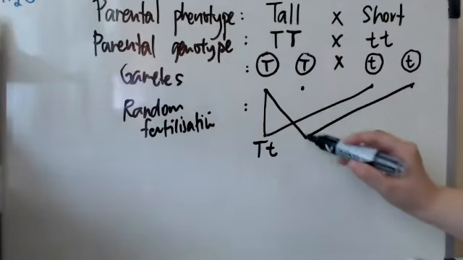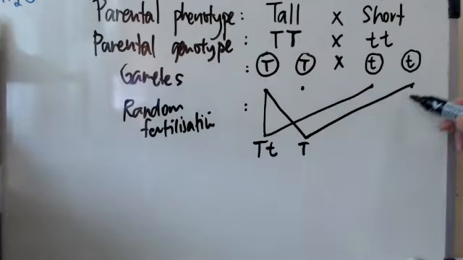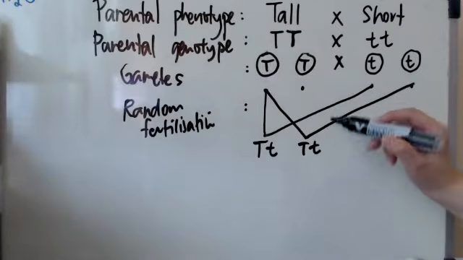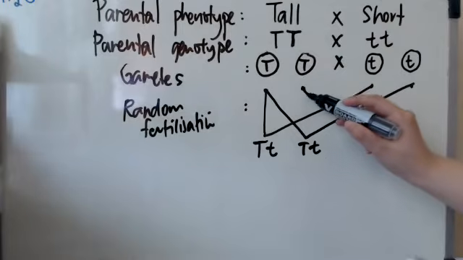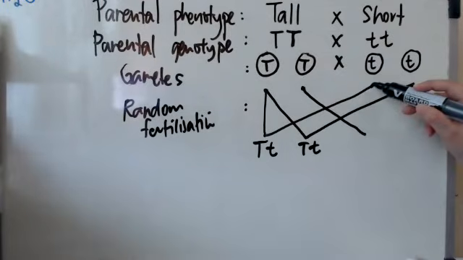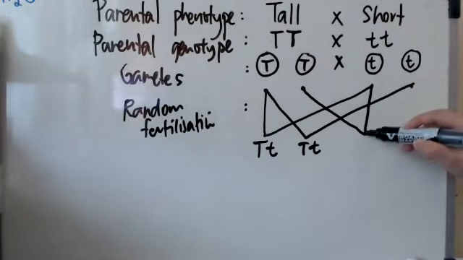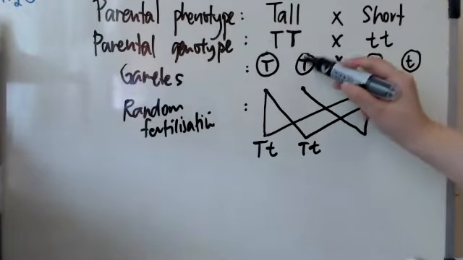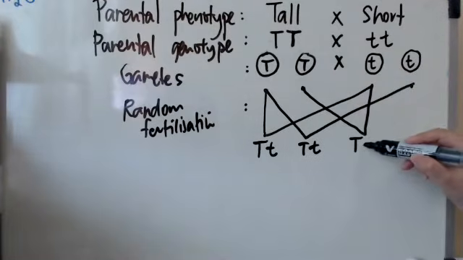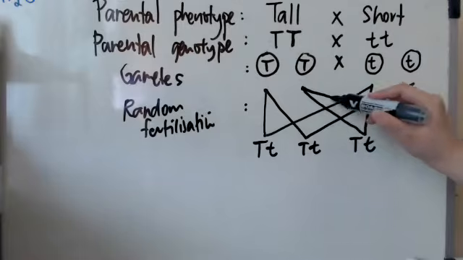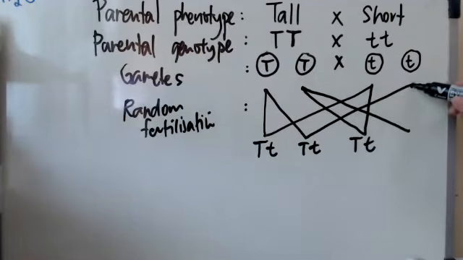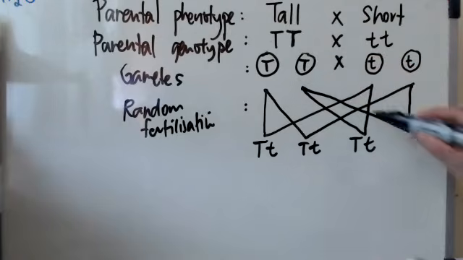So here you get capital T, and this one you get small t. And then use the second gamete of the first parent with the first gamete of the second parent. Again, this is capital T, this is small t. Okay? And then lastly, the second gamete of the first parent and the second gamete of the second parent. So you end up with capital T as well and a small t.